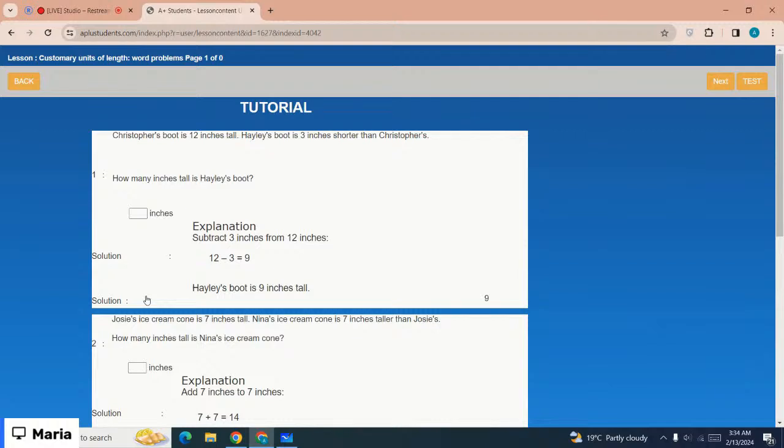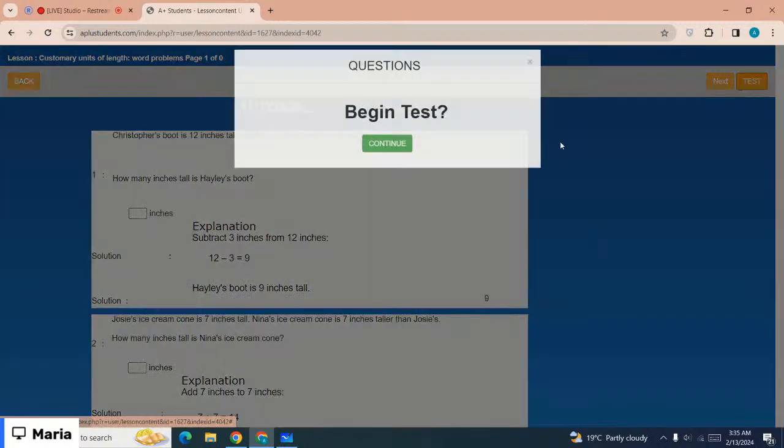That means you have to subtract 3 from Christopher's boot length, that is 12 minus 3. The length of Halle's boot is 12 minus 3 equals 9. The correct option is 9, right? You just have to understand the question. You have to add and subtract them, right? Let's just start with the test questions.